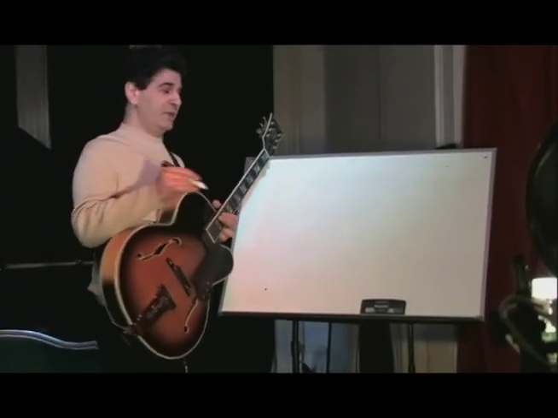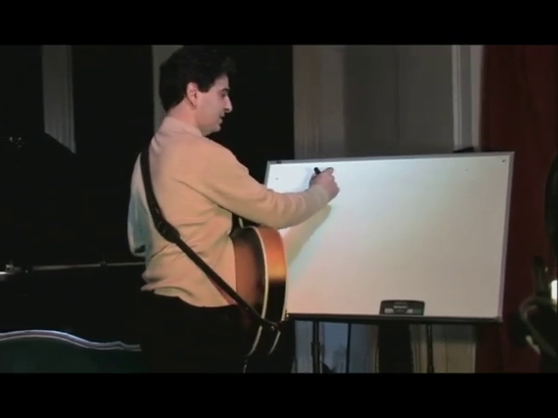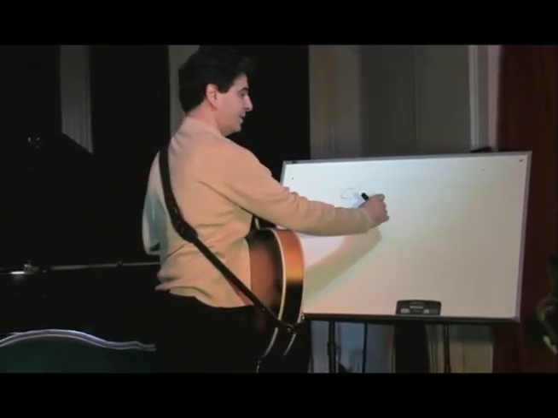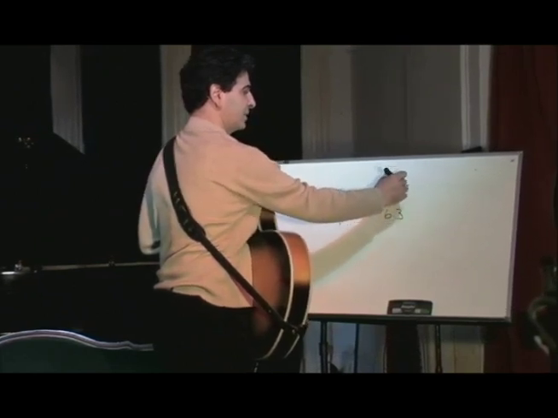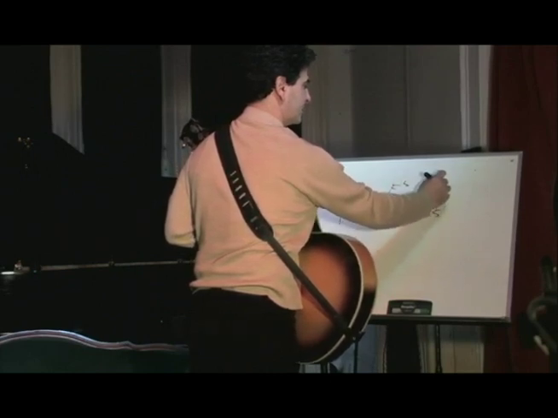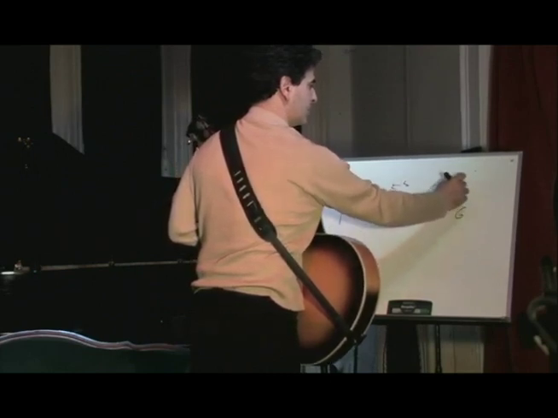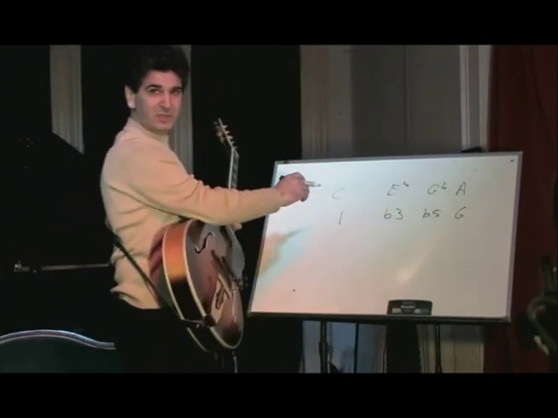So let's look at the structure of the diminish, understand it, and then see how it relates to the seventh chord and what we could do with that. So let's see what the diminish is made out of. If we take C diminish, we have the tonic, the flat 3, which is E flat, the flat 5, which is G flat, and the 6, which is A. C, E flat, G flat, A. Sometimes this is called diminished 7.